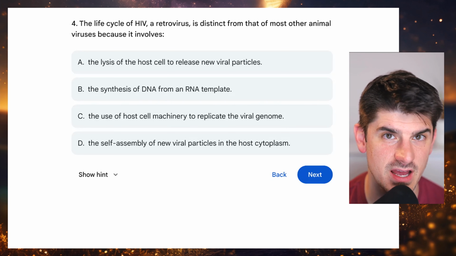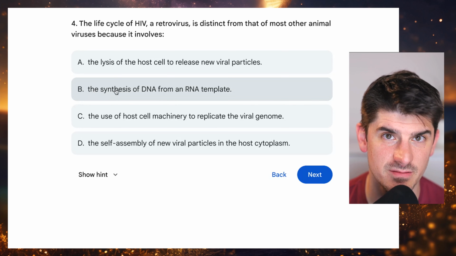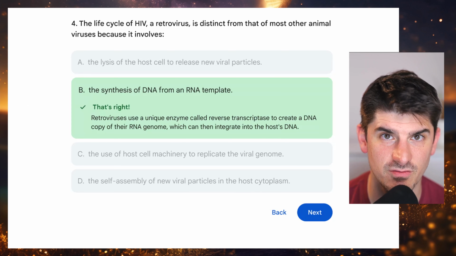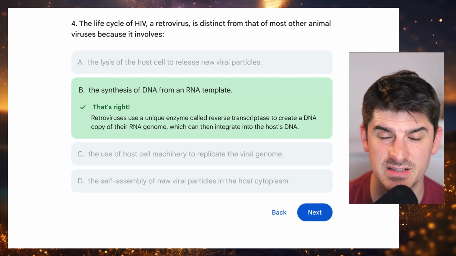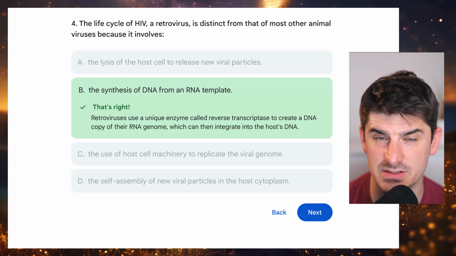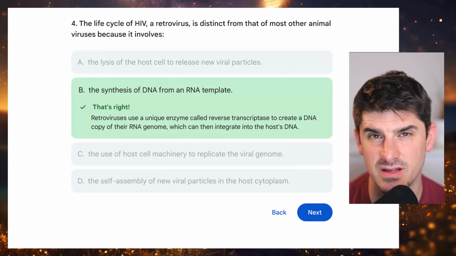This knocks out A, C, and D, leaving B, the synthesis of DNA from an RNA template. And of course, this is the signature of a retrovirus. Retroviruses specifically employ reverse transcriptase to turn the fundamental dogma of biology on its head and to go backwards from RNA to DNA in order to insert themselves into the host genome.